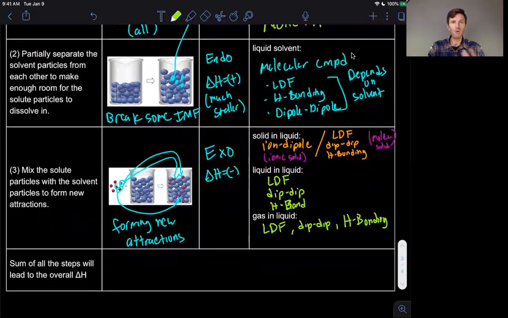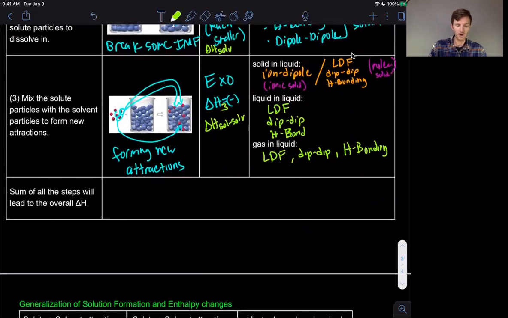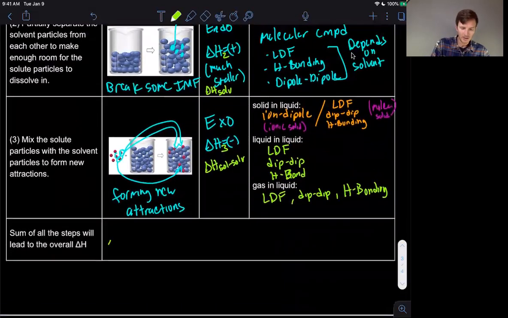So we think of the overall process. If we label this enthalpy change 1, enthalpy change 2, enthalpy change 3, or call this the enthalpy change of our solute, the enthalpy change of our solvent, and then the enthalpy change of solute to solvent, these new attractions that are present there, the overall process is what we call the enthalpy of solution.